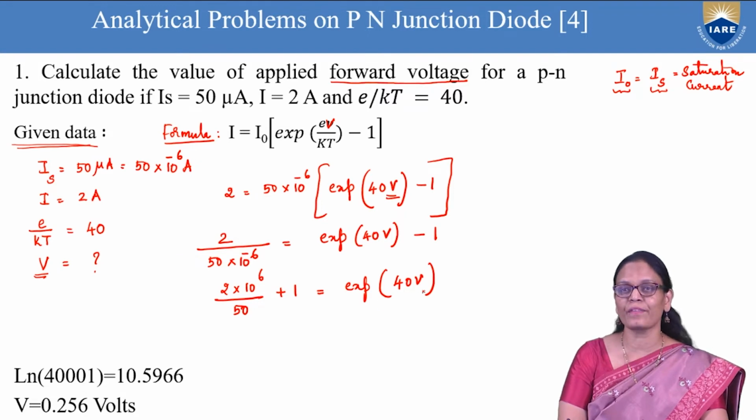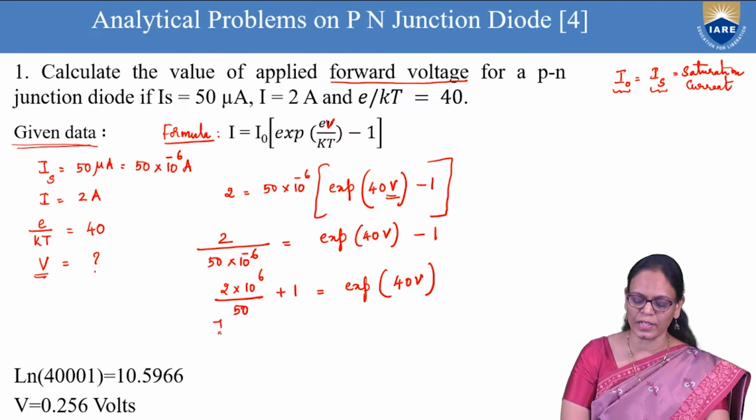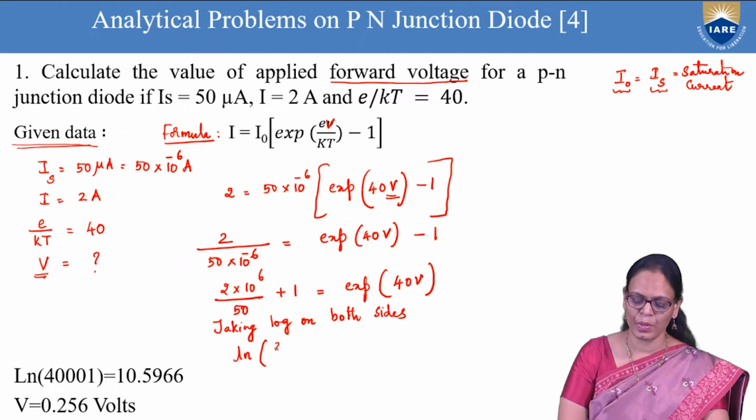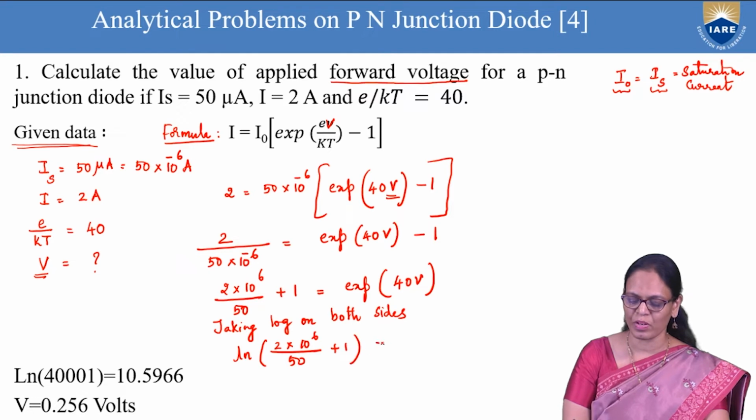So because we have to find V, the voltage, I'll take logarithm on both sides. Taking log on both sides, what we'll have here is ln of 2 into 10 power 6 by 50 plus 1 will be equal to 40V.